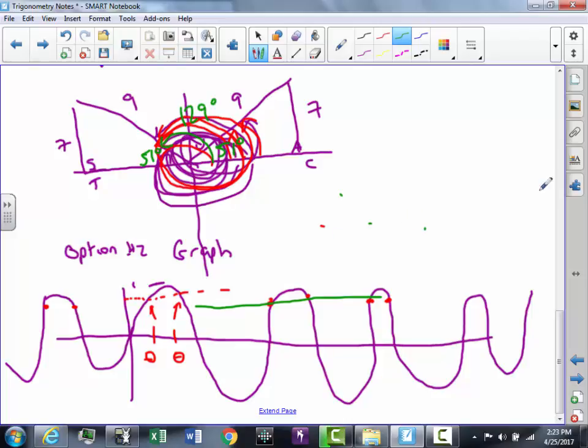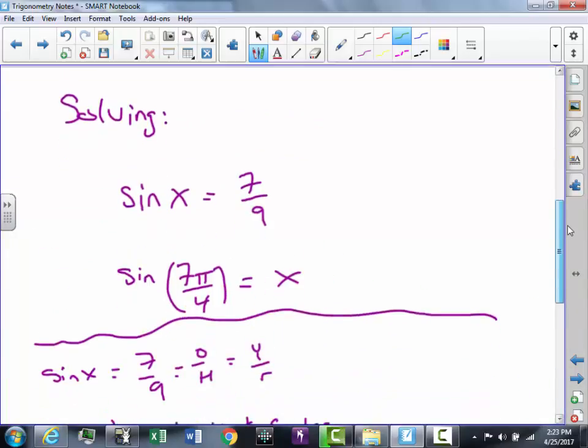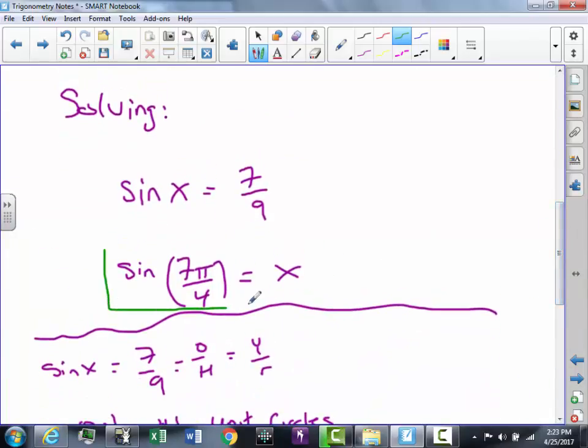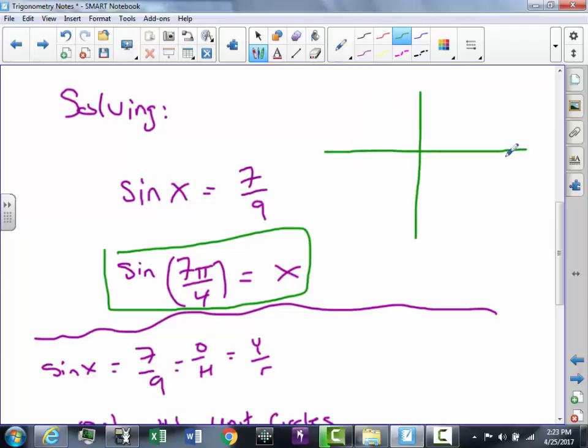That makes sense? Okay. The other way you could solve it right here is I could ask you for something like this. When is sine of pi over 4 equal to x? Now this one's a bit different here. In terms of a graph or a unit circle, there's not like 2 or 3 different locations on this. Sine of 7 pi over 4 is very specifically right here.